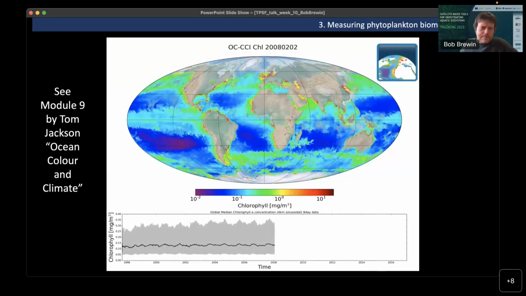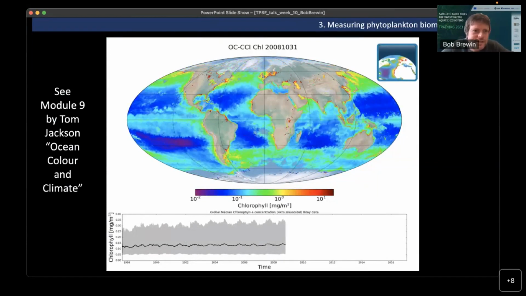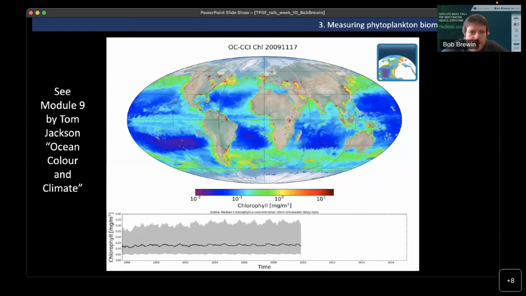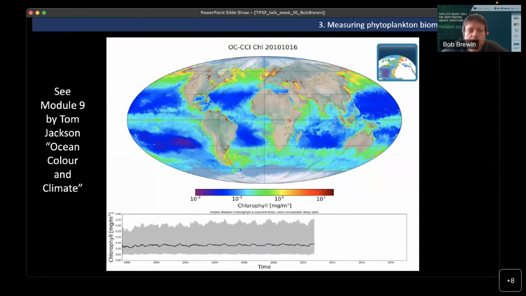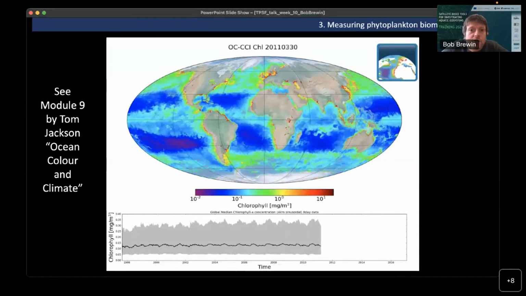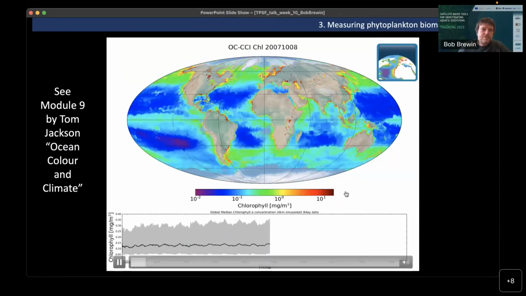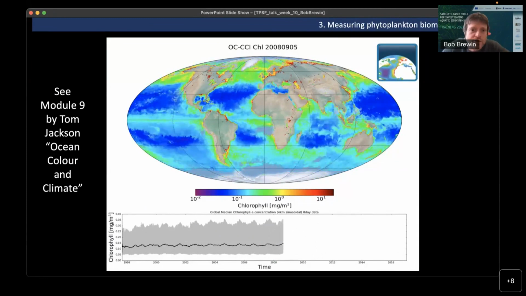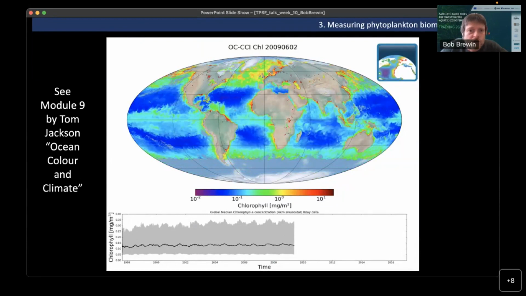And I pinched this slide from Tom Jackson's talk last week, but now we're blessed with nearly 25 years of continuous ocean color observations, and with projects like the Ocean Color Climate Change Initiative, where they've strived to successfully merge many different satellite ocean color missions together to produce this continuous time series of chlorophyll concentrations.